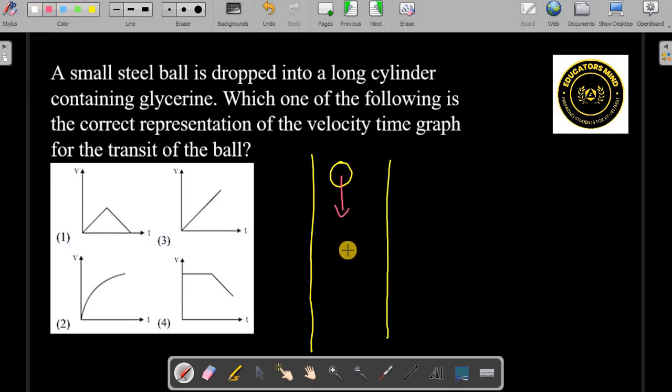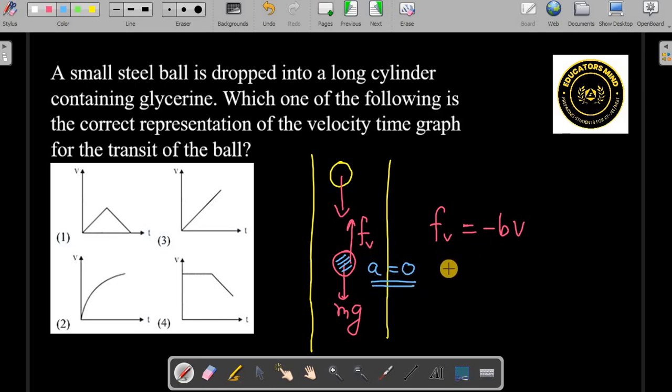If you see the forces at an instant of time, there is the mg force, but there is a viscous force also. This viscous force is given as minus eta v. So as velocity increases, the viscous force increases, and at one point equilibrium is achieved. Equilibrium happens when acceleration becomes 0, then the net force is 0.